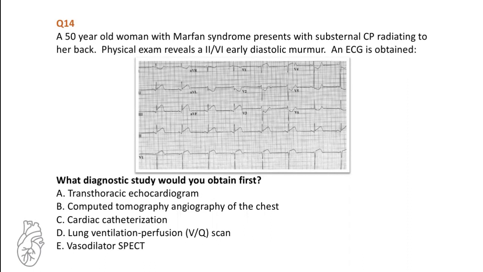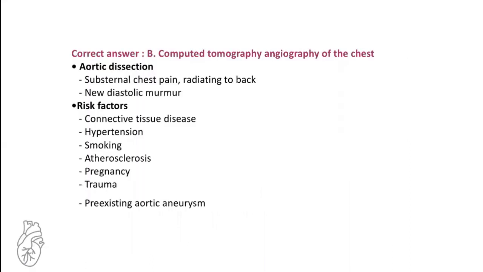I think it is a transthoracic echocardiogram. What does this patient have from the ECG and the exam? Yeah, Marfan is always associated with aortic dissection. Okay, so how do you confirm aortic dissection? B, maybe. Yeah, computed tomography angiography.